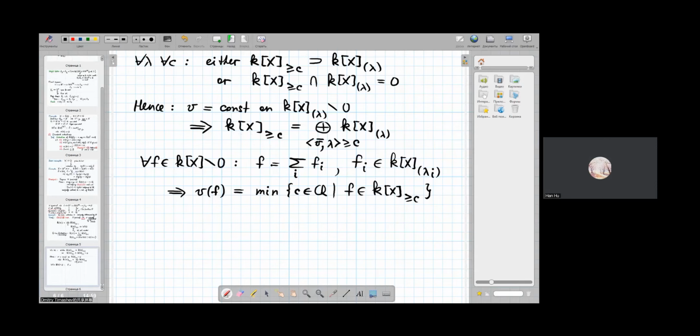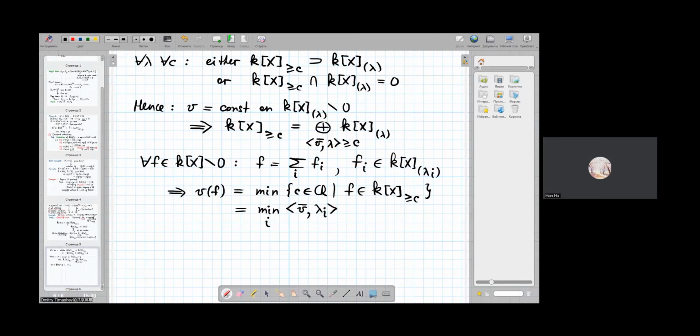Okay? But this can be computed in view of this formula and this decomposition. This minimum can be computed as the minimum over all i's, the same i's as here, of values of V at these f_i's, which are just the pairings of V bar and lambda_i's.